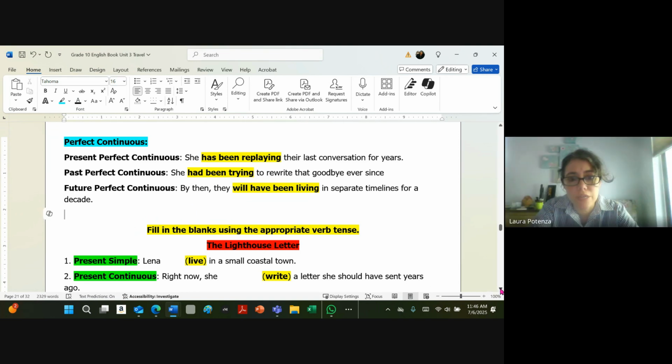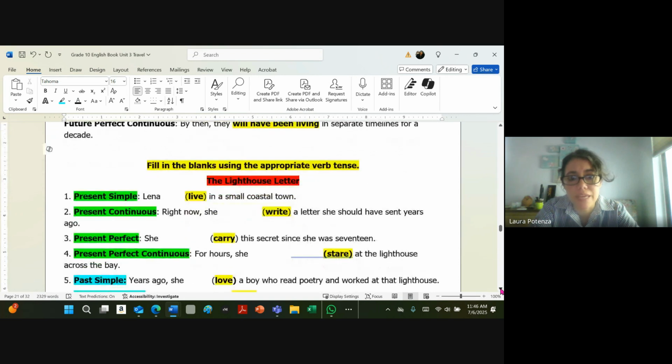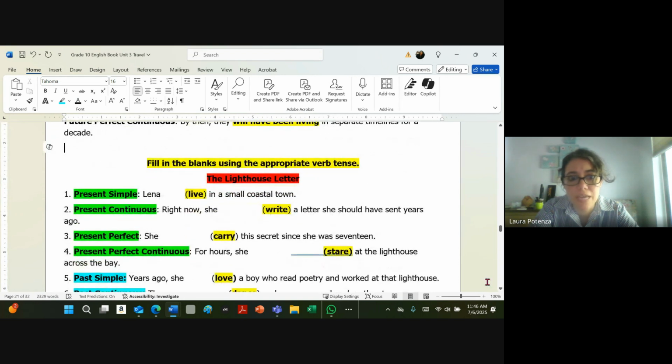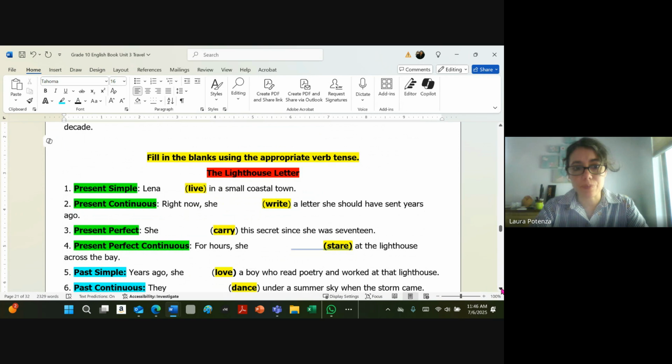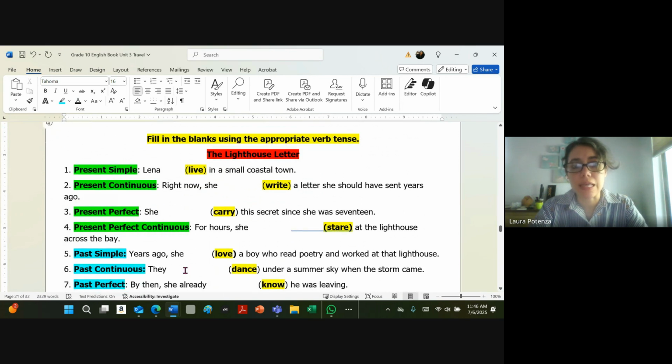So now the next one, we're going to fill in the blanks using the appropriate verb tense. So, for instance, present simple, it would be Lena lives in a small coastal town. So, Pumi, why don't you start with number 2?